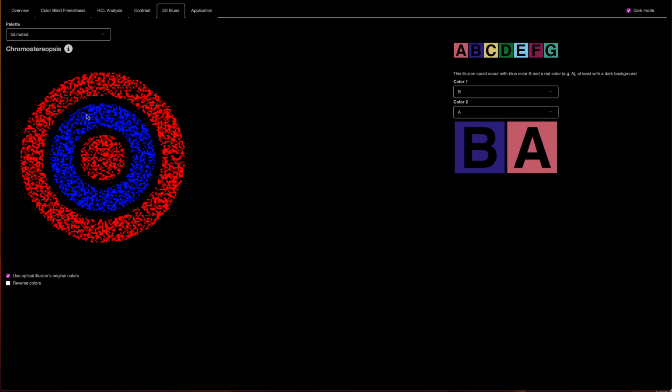If you have a blue that is pure blue, so pure primary color blue, against a black background with another color, then most people perceive a depth effect, and I think about the majority would perceive blue as being further in the background and red being in front. However, there are also many people who perceive the opposite. So it's something to be aware of.